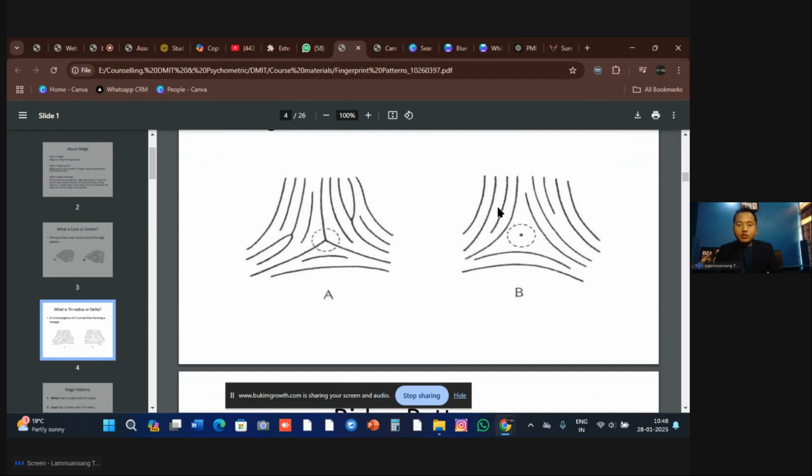These small ridges, when you see them, will have one intersecting point, that is the tri-radius. Sometimes it will be like this, and sometimes totally blank. But just see wherever the lines intersect, that is the tri-radius, or delta. Just use tri-radius to make it simple: the meeting point of three lines coming together.